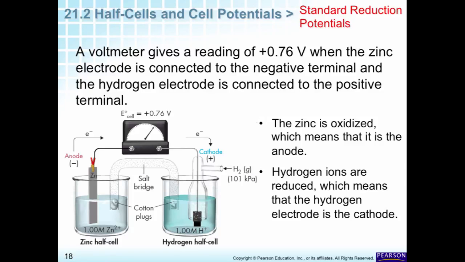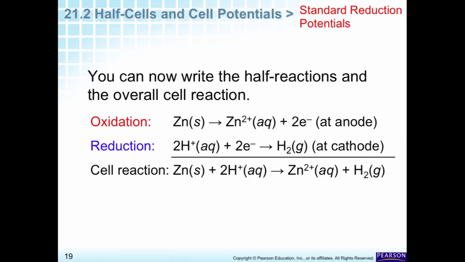The voltmeter gives us the value of positive 0.76. And since the zinc is at the anode, electrons are flowing from the anode to the cathode, the zinc is oxidized and the hydrogen is reduced. That gets us ready to figure out what our cell reactions are.